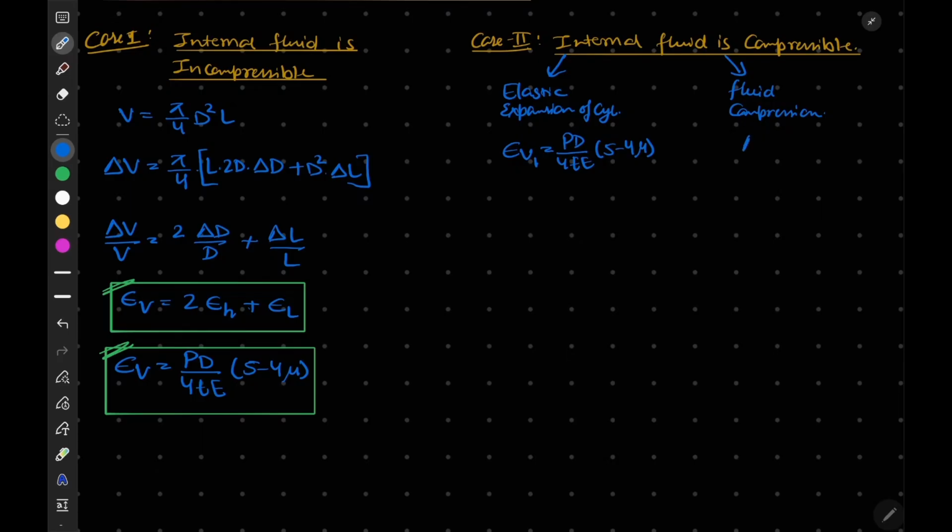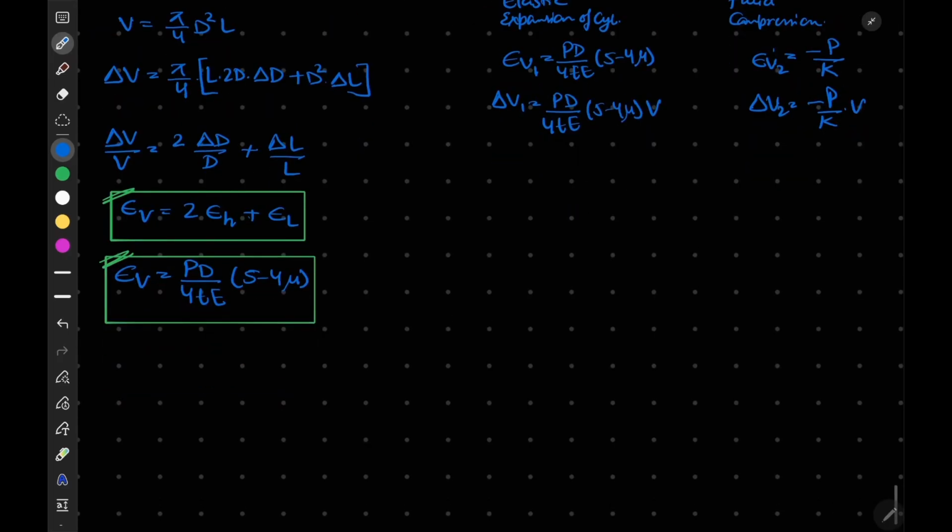Delta V1 is equal to PD by 4TE into 5 minus 4 mu times of V. For fluid compression, epsilon V2, the volumetric strain, is written as minus P by K, and from here delta V2 is equal to minus P by K times of V. So net volume change, delta V is equal to delta V1 plus delta V2.